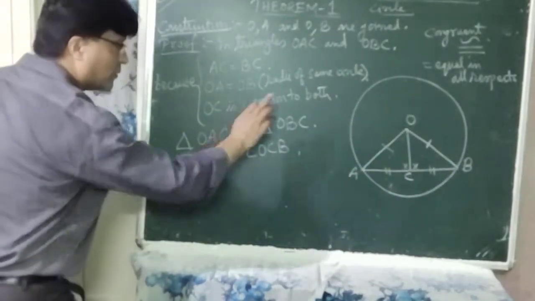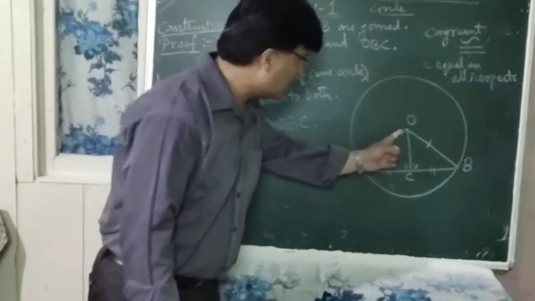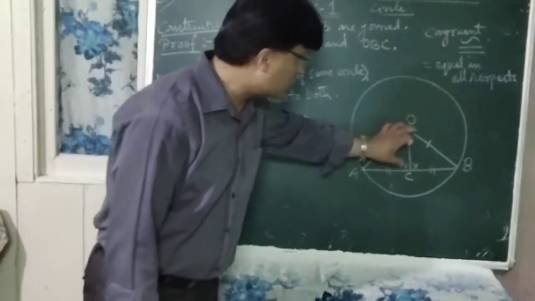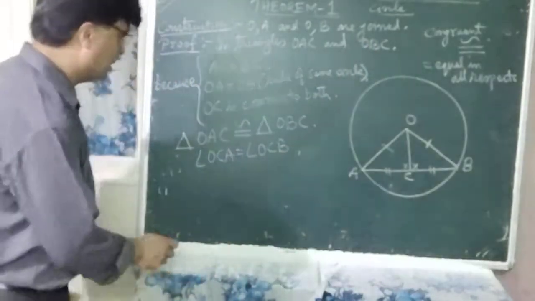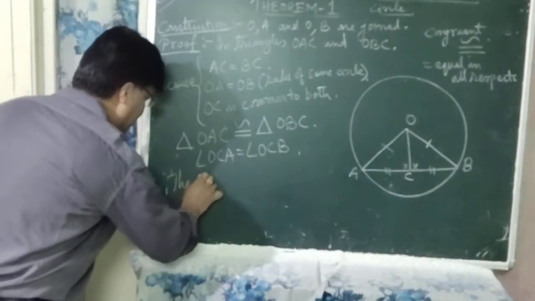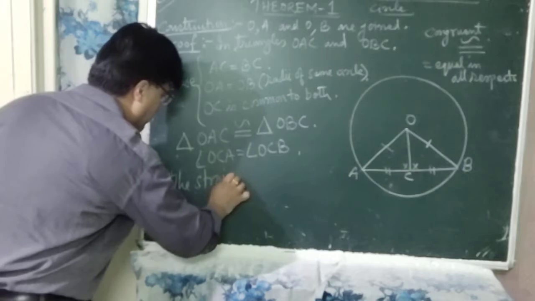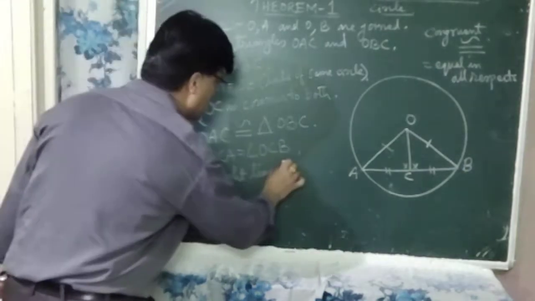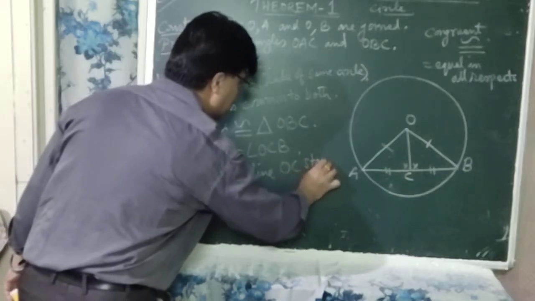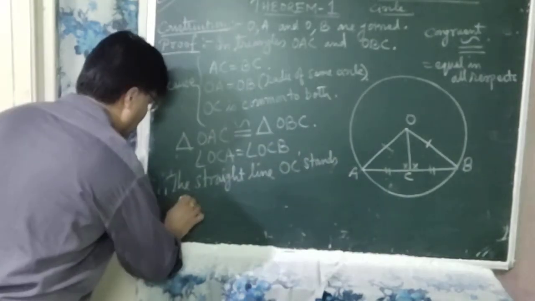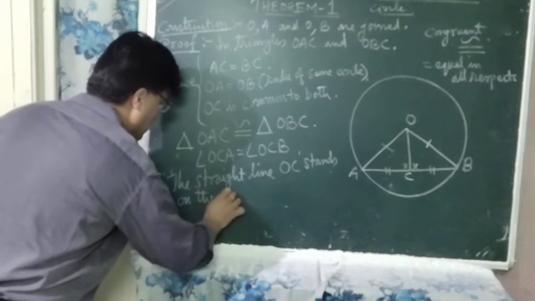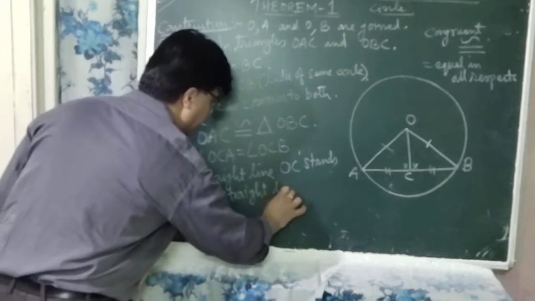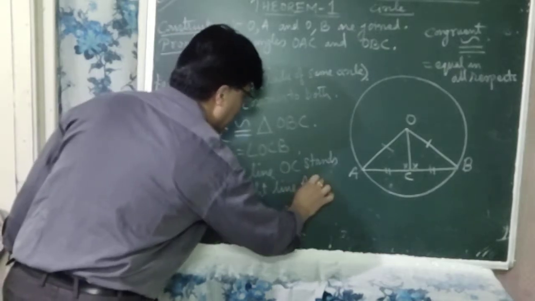So from the figure, we know that the straight line OC stands on the straight line AB. This OC stands on AB, right?